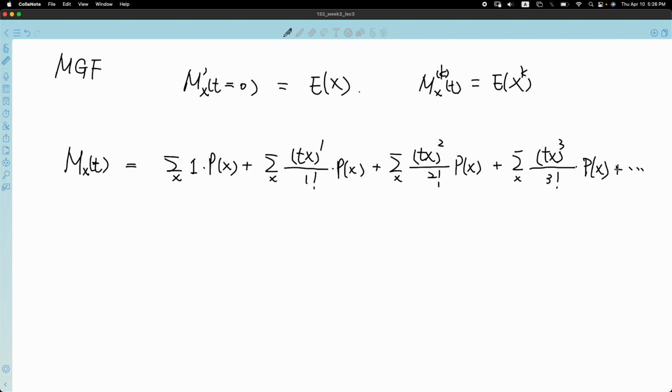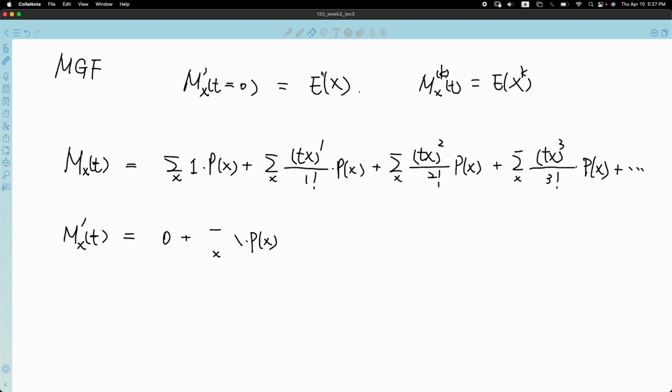And then this is an infinite sum. Last time we took the first order derivative and showed that it's equal to the expectation. The first term here does not involve t, so when we take the derivative, it ends up as 0. For the second term, there's only one t involved, so we have the sum over x multiplied by p of x.